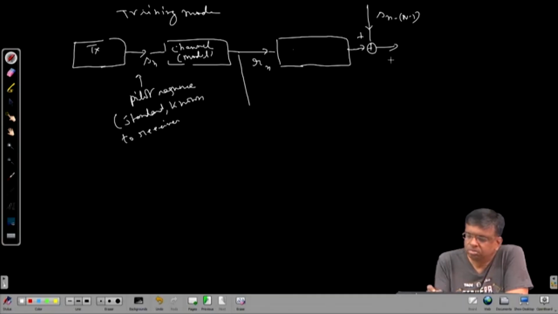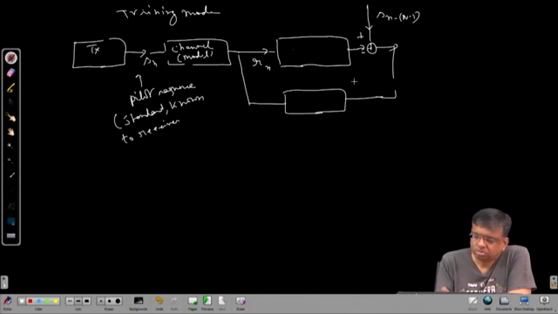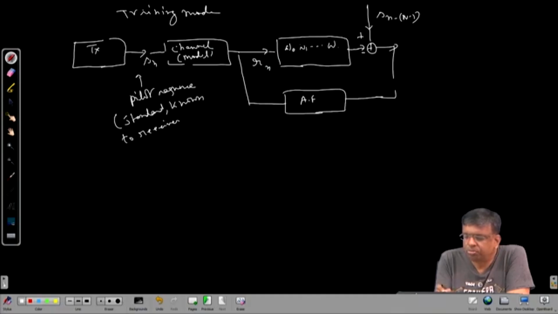So, what do you do during the training mode? During the training mode, we use this adaptive filter, and we have W0, W1 up to some appropriate P, and all these coefficients I adapt.